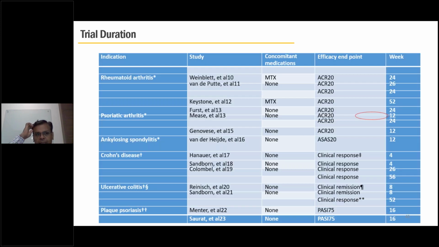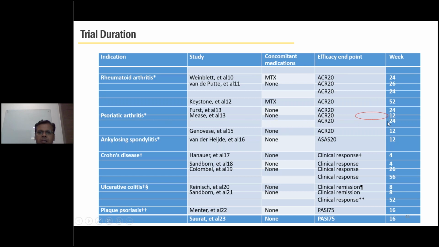Now, if you look at this slide, we have adalimumab, which is what we are comparing. They have different efficacy endpoints, and the duration is different for all the indications.